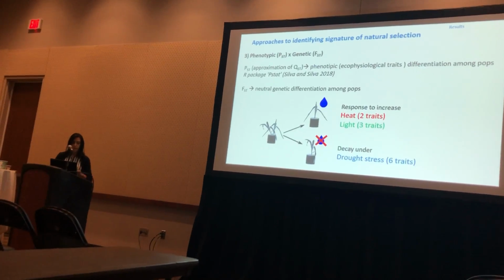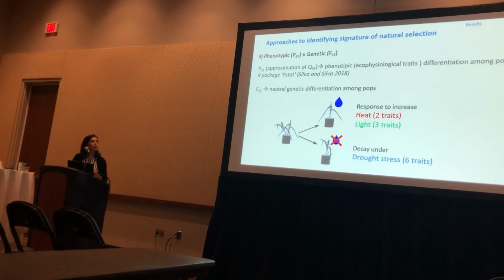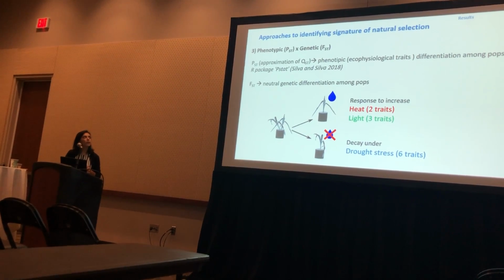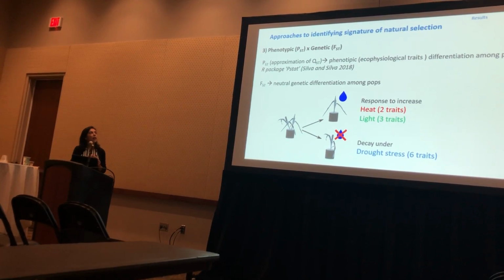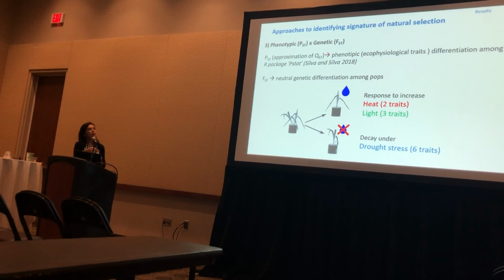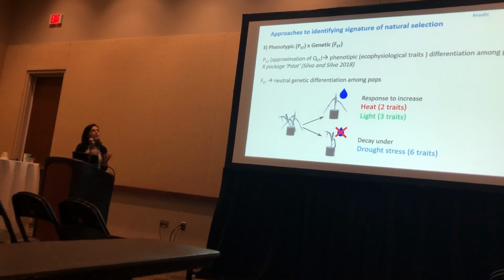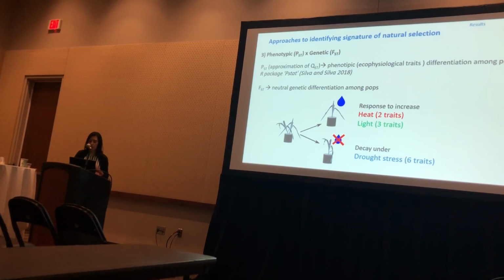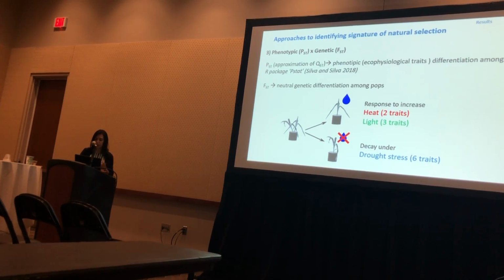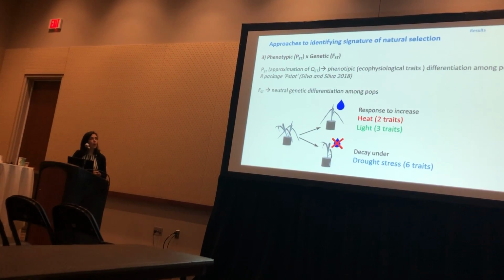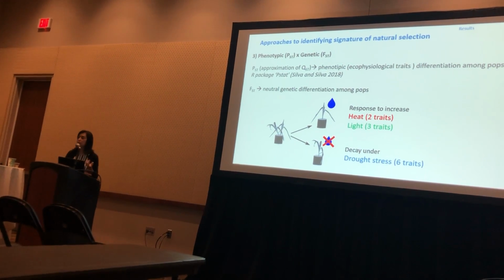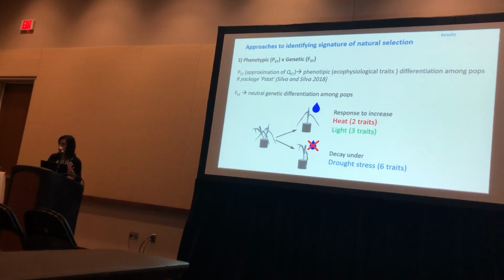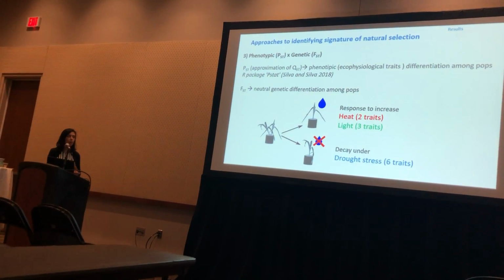And our third approach was a comparison of phenotypic and genetic differentiation, using PST and FST. The PST is an approximation of the QST when we don't have the additive genetic variation across populations. For the phenotypic differentiation among populations, we used ecophysiological traits. I won't talk too much about them now, but we can talk later.